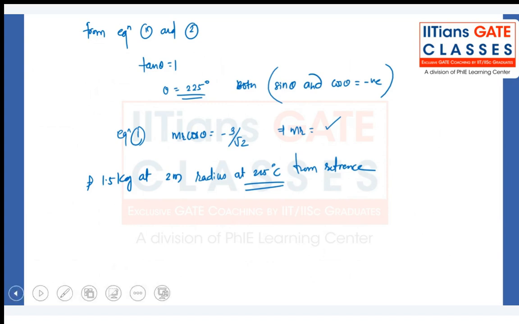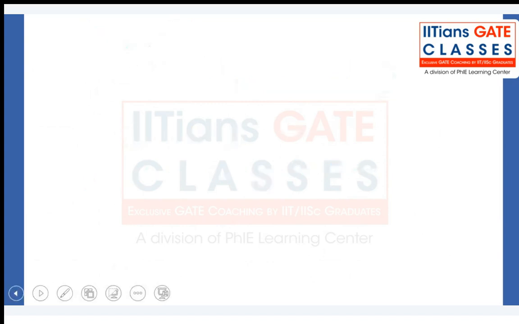Okay. So it is very easy to solve the problems which are based on the balancing of rotating masses. When a problem comes from the balancing of reciprocating masses, I'll just give you a hint.